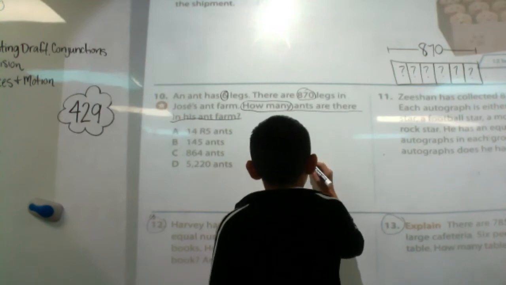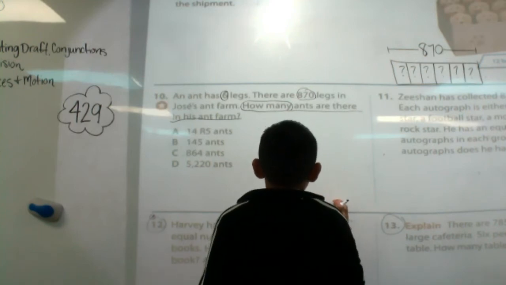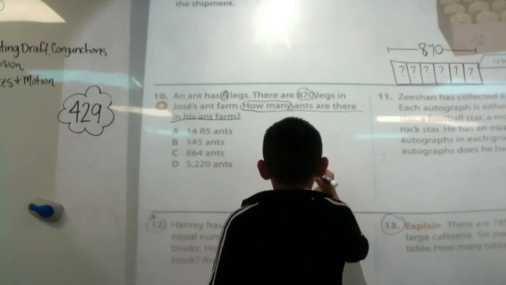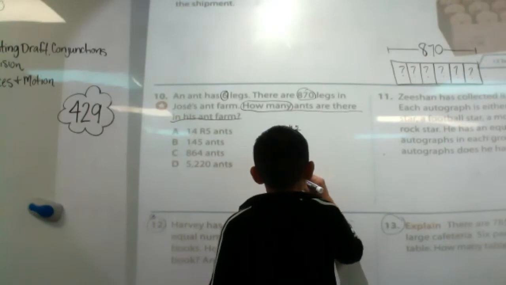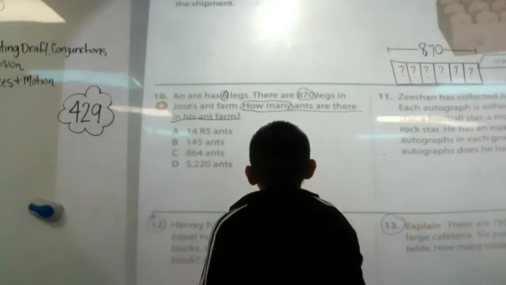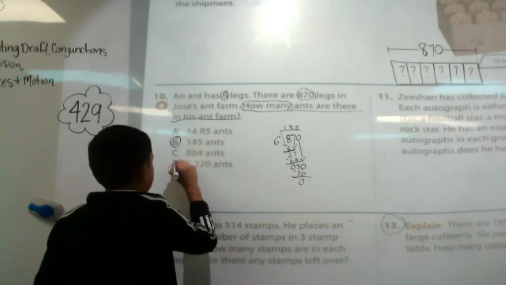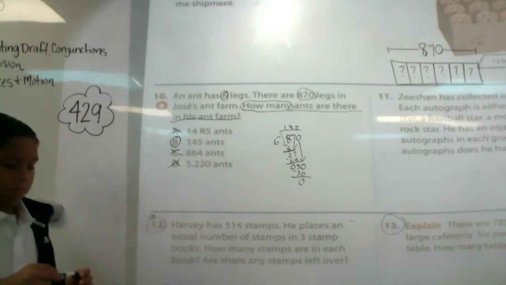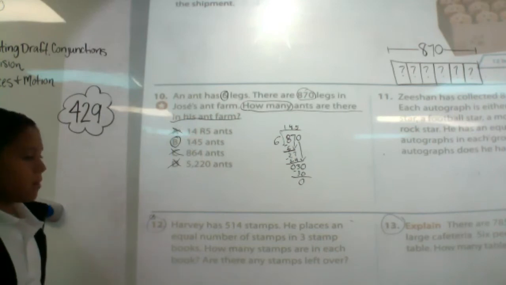Brought down the 0. So 6 can go into 30 5 times. That is absolutely correct. 5 times 6 is 30. So we get no remainder. Okay. Good job.